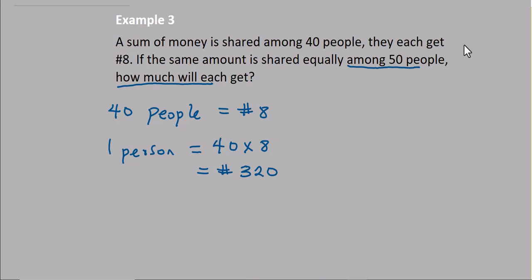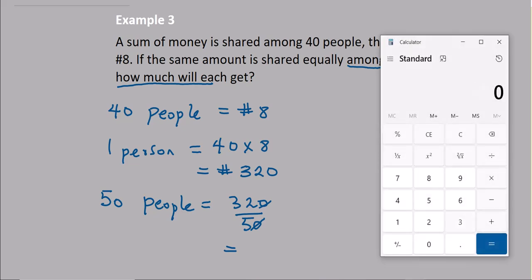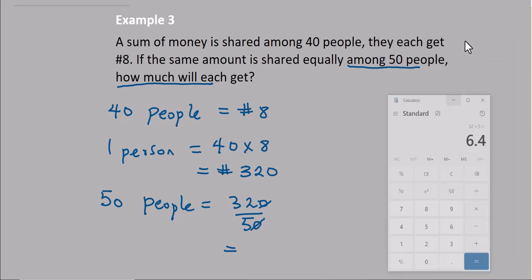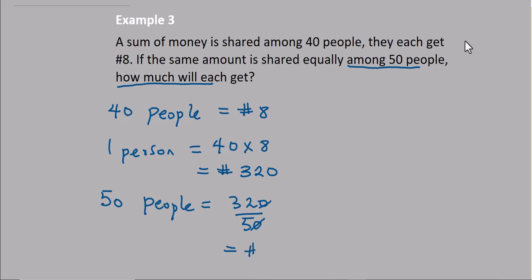So for 50 people, let's say 50 people is equal to 320 divided by 50, and zeros can cancel out here, right? So let's do that. 32 divided by 5, 6.4. So we have that each person receives 6.4 naira, and that is just simply it.